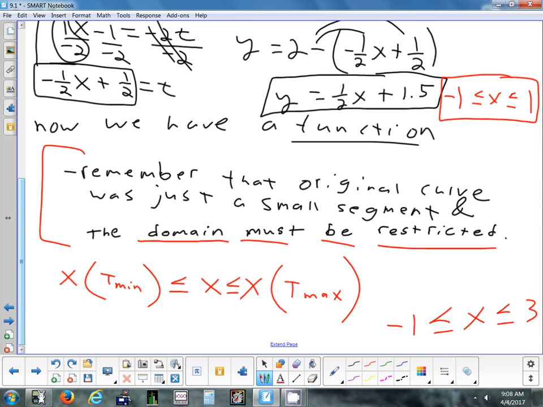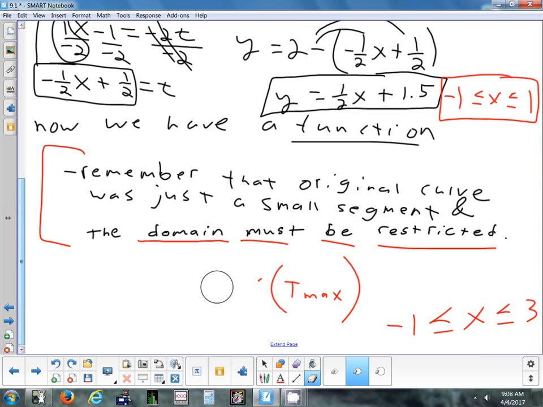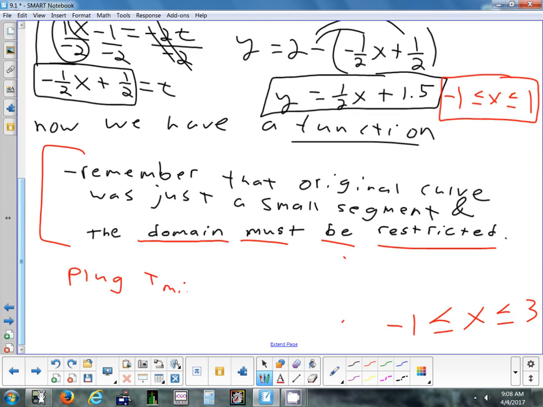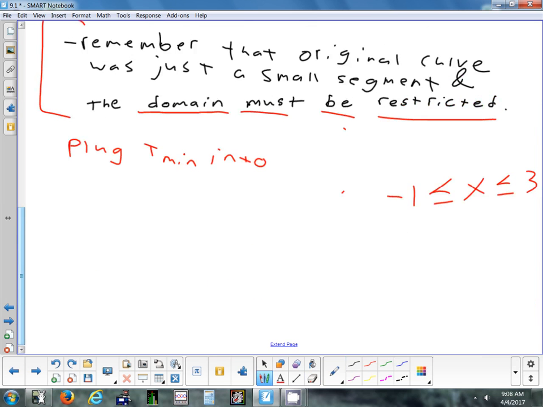The domain: you plug t min into the x function, and actually, I'll just write it out. Plug t min into x function. And then plug separately t max into x function. And then whichever one is smaller, put that on the left. Whichever one is bigger, put that on the right. Put the x in the middle.